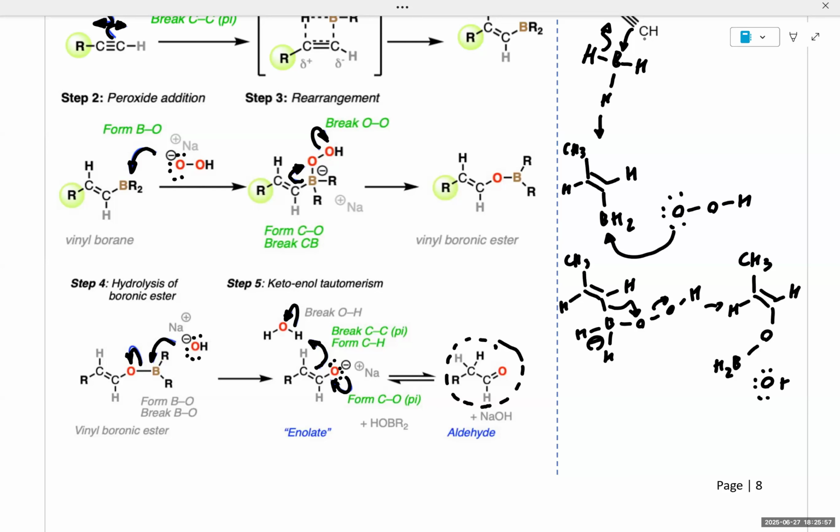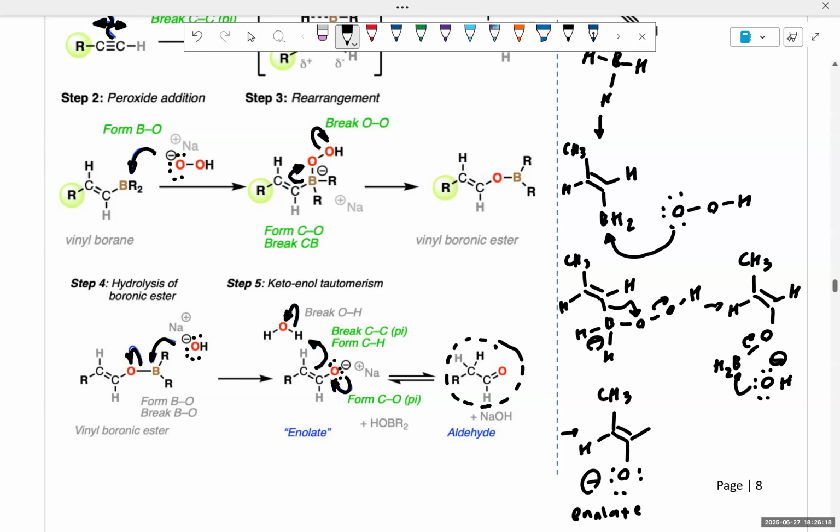Next, we have hydrolysis. And this is where we can save a step. So this is known as an enolate, and it is very reactive, very nucleophilic at carbon.